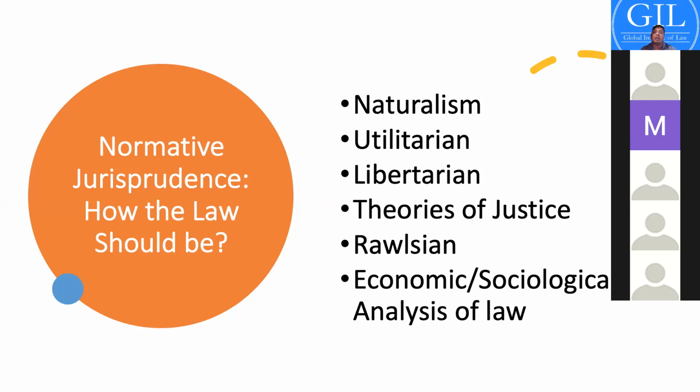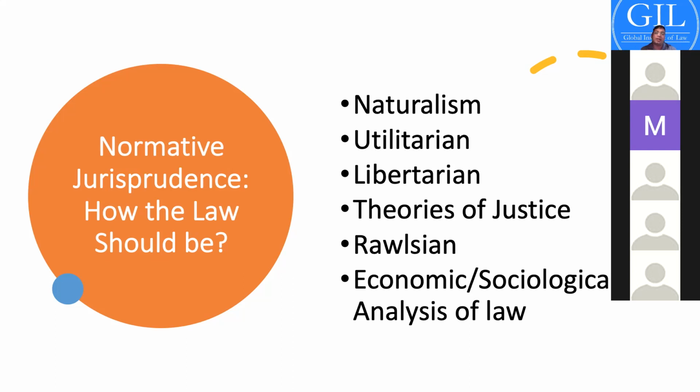Libertarians are not very happy about the state's interference in individuals' lives. They want the authority of the state to be as limited, as confined as possible. Then there are theories of justice, such as Rawls' theory. So we have this veil of ignorance, and then everyone decides and makes such rules as if those rules will apply to them.